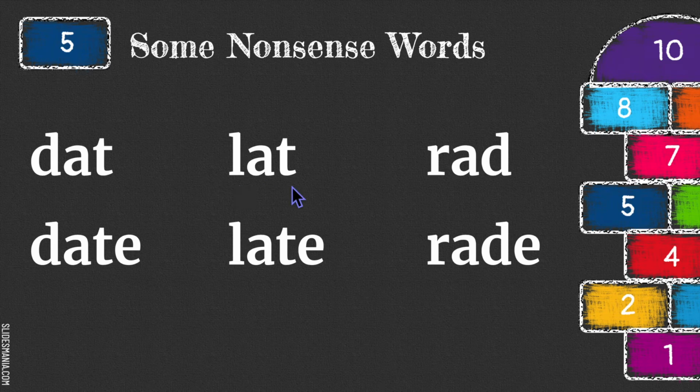L, at, lat. L, ate, late. Rad. Raid. Now, if you have a student who is really struggling with this, you may need to write the words down and have them circle the silent E at the end and maybe even draw an arrow over to the previous letter.